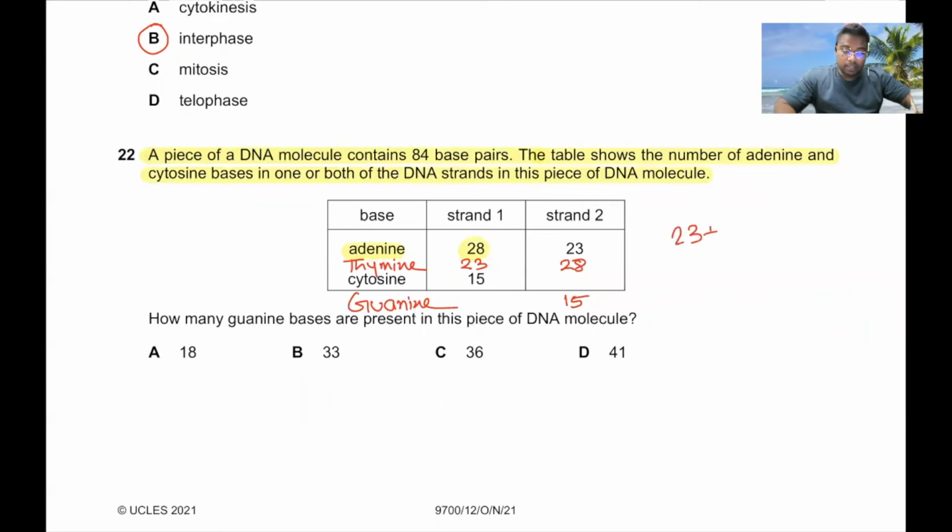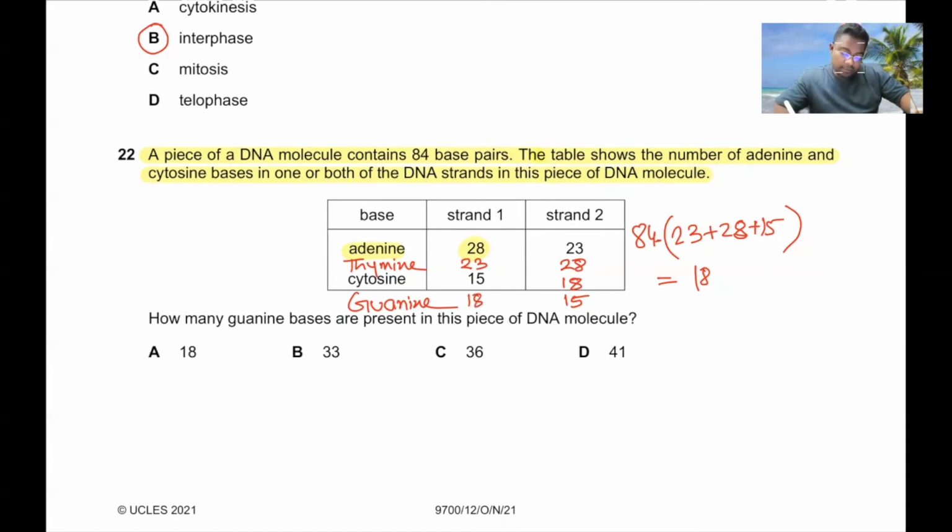So 23 plus 28 plus 15, and then 84 minus all of this, the answer is 18. So there will be 18 cytosine on strand 2, and 18 guanine in strand 1.